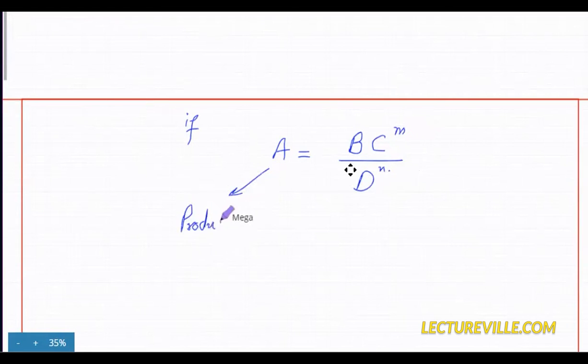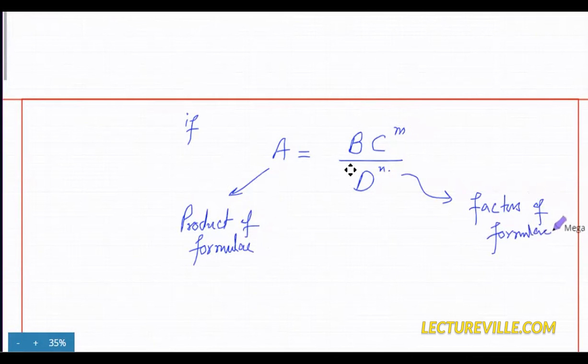Why is it important? If we have a formula that has multiple factors in it, if A equals B, C, D with powers M and N, then remember this is actually the product of the factors, whether they are multiplying or dividing.